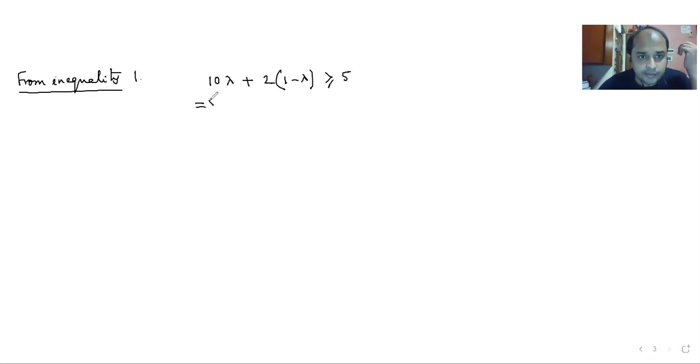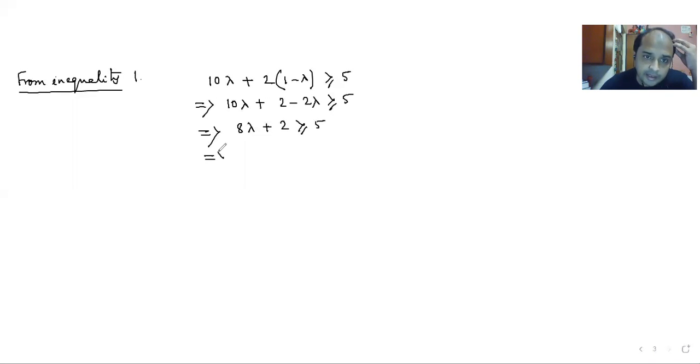Let us solve it. So we get 10 lambda plus 2 minus 2 lambda greater than or equal to 5. Then 8 lambda plus 2 greater than or equal to 5, then 8 lambda greater than or equal to 3, and lambda is greater than or equal to 3 by 8. That is my number 1.